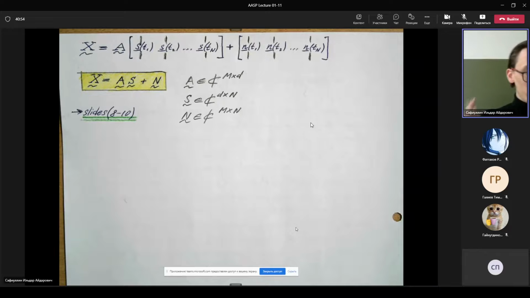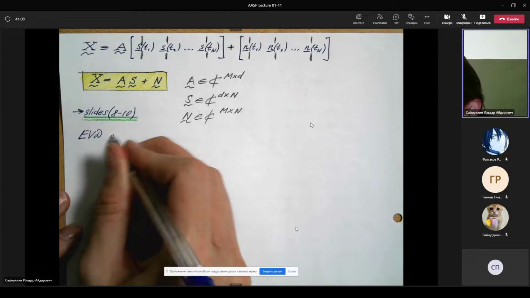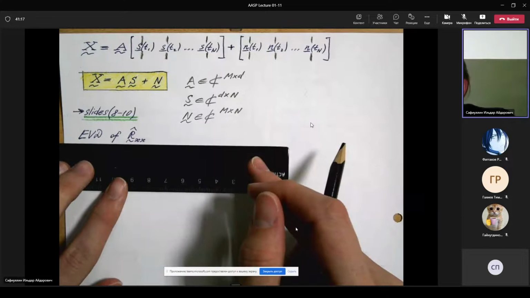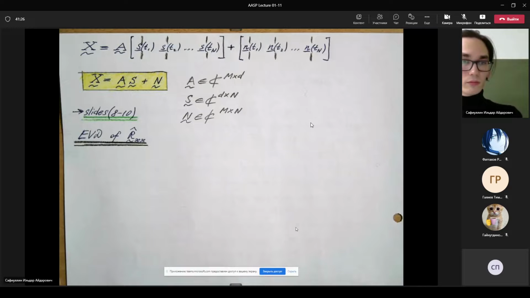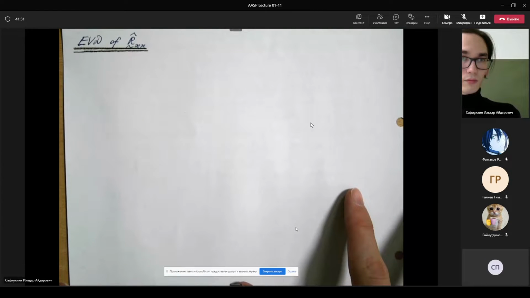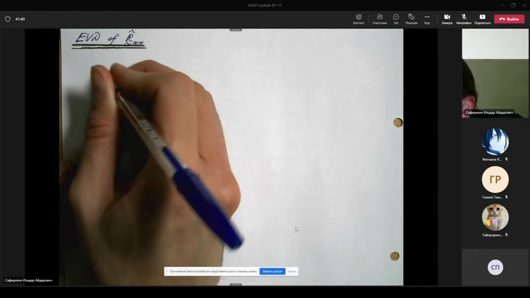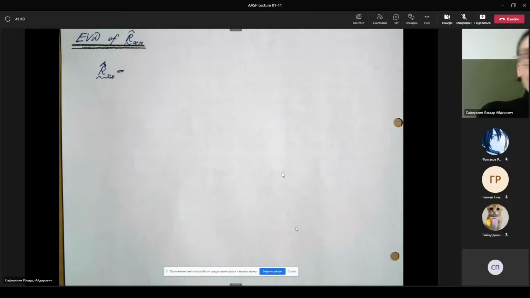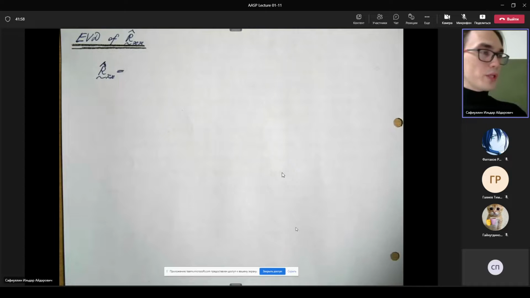Then we want to show the eigenvalue decomposition of the estimate of a spatial correlation matrix, EVD of Rxx hat. Rxx hat is equal to, we can use the previous equation, U times lambda times U Hermitian.